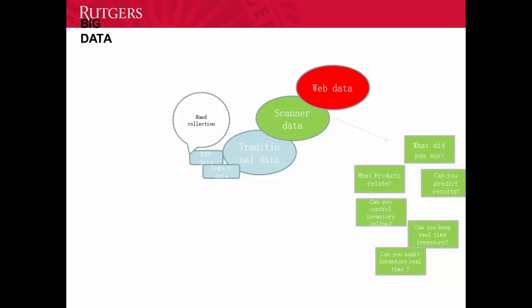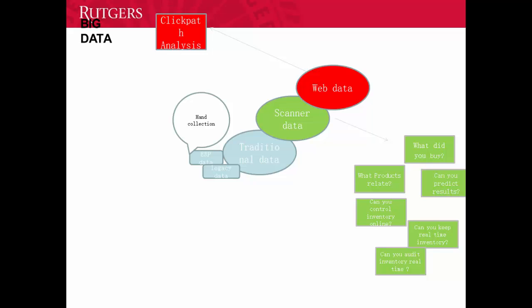Beyond this stage, we have web data, where web data can provide rich information. It will give us the click path of your visit. When you are trying to do anything online, the website will record what you have done, like which page you have rated before and how much time you stayed on that page.